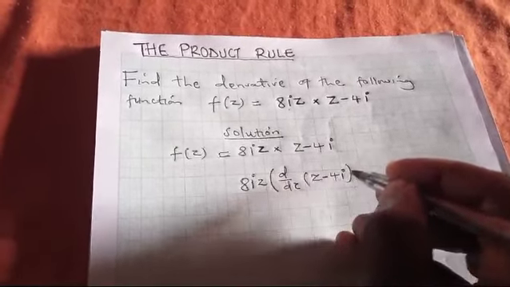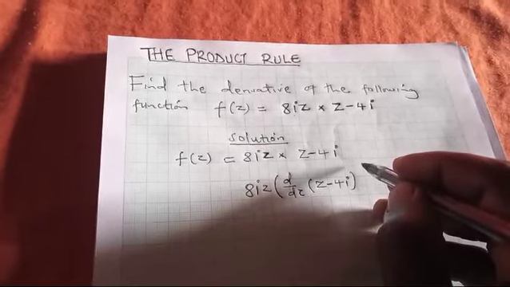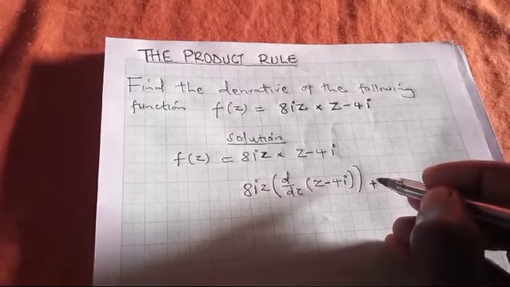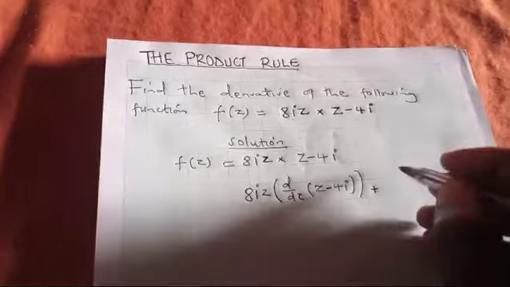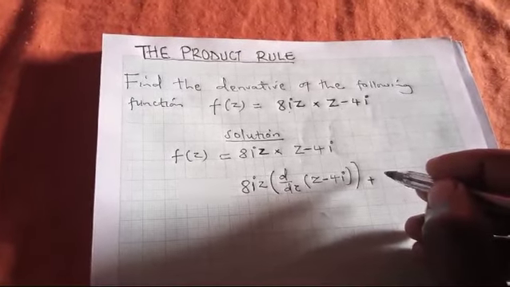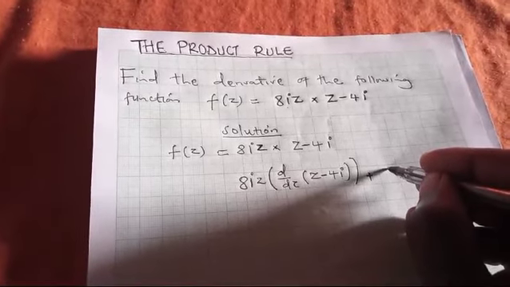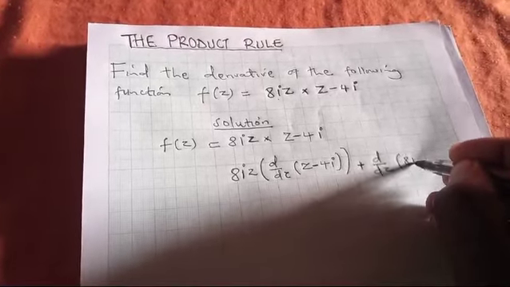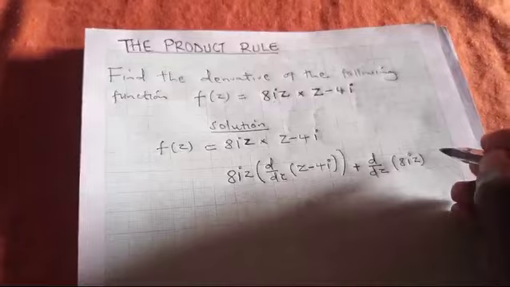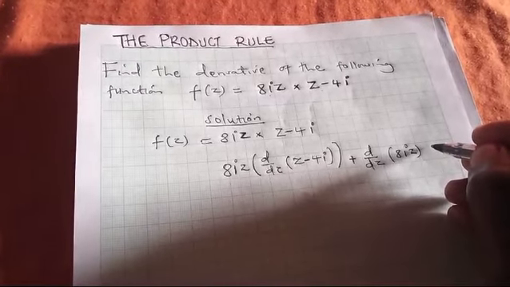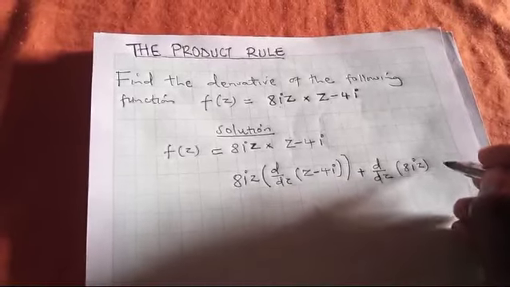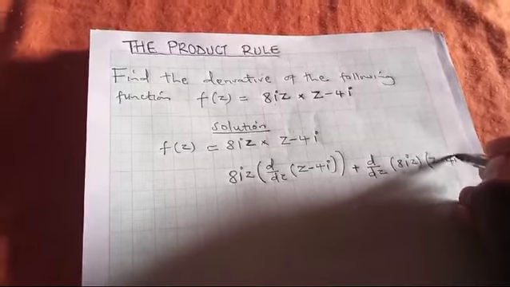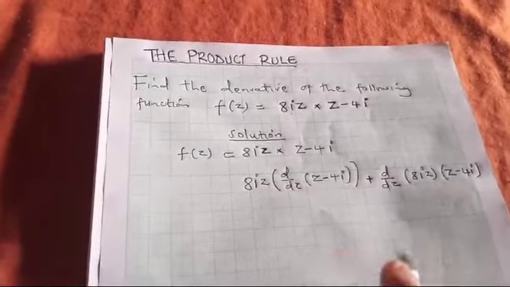We are differentiating with respect to z, and then of course we add the derivative of the first function with respect to z. Of course, we multiply that by the second function.